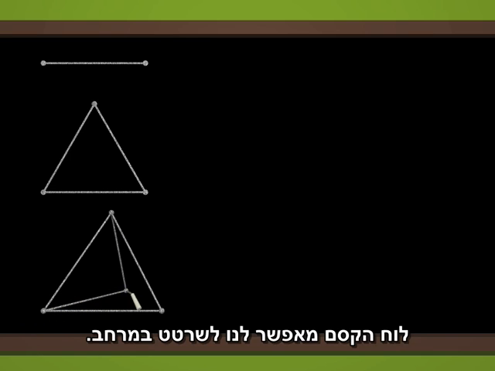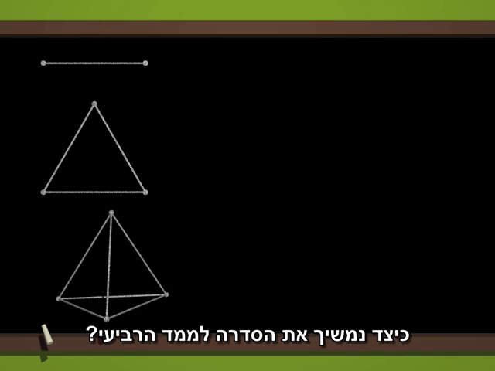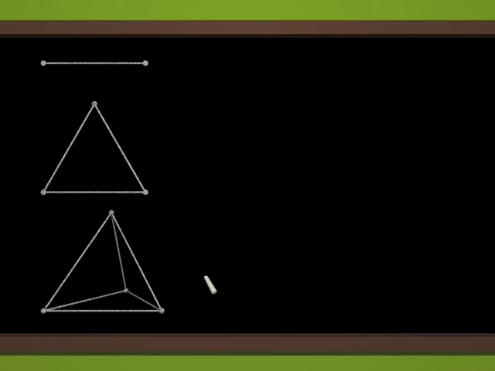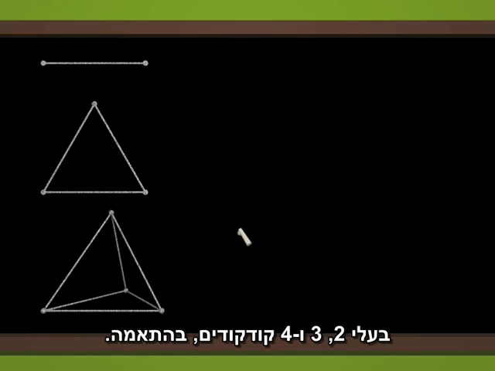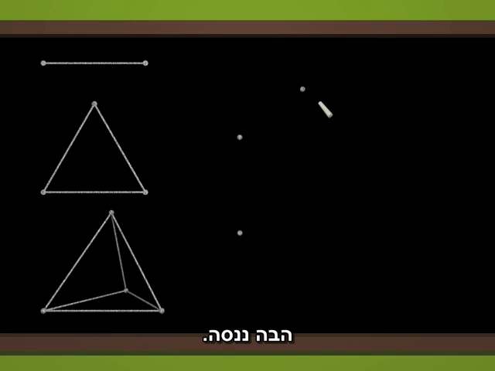Our magical blackboard enables us to draw in space. How can we keep this up in 4 dimensions? Observe that the segment, the triangle and the tetrahedron have 2, 3 and 4 vertices respectively. Therefore, we can try to continue with 5 vertices.